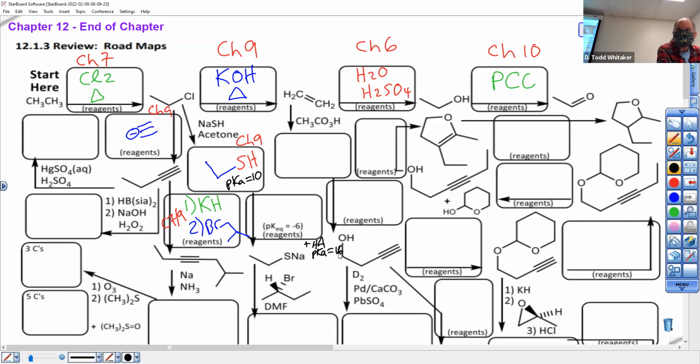Water is the acid. HA is water. So please put its conjugate base in the box. Okay? That'll be the base reactant.